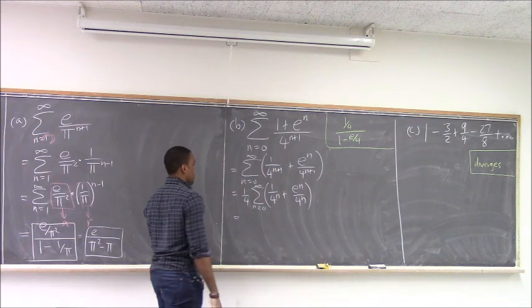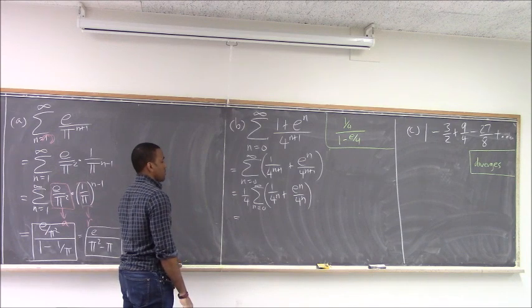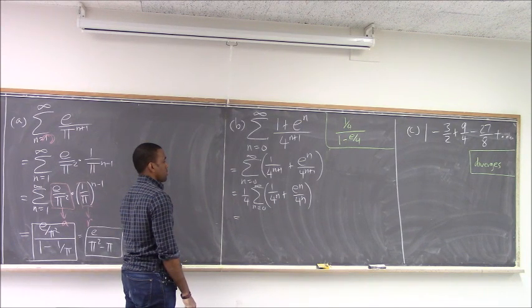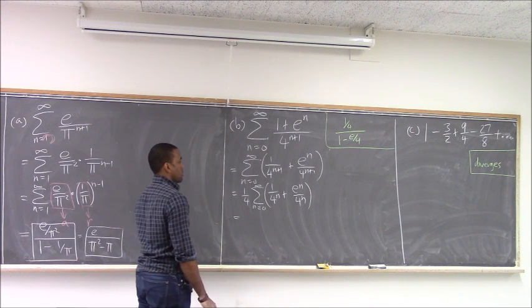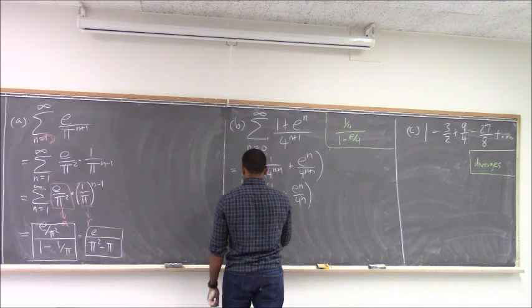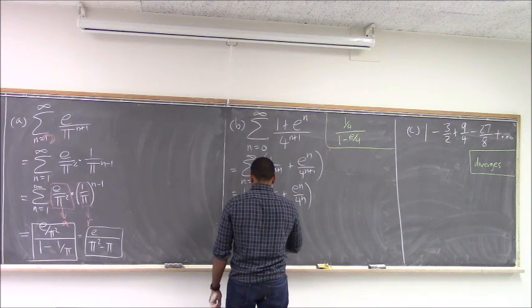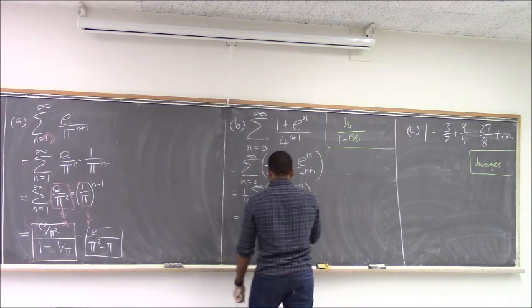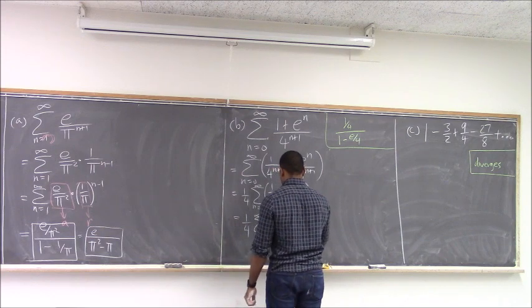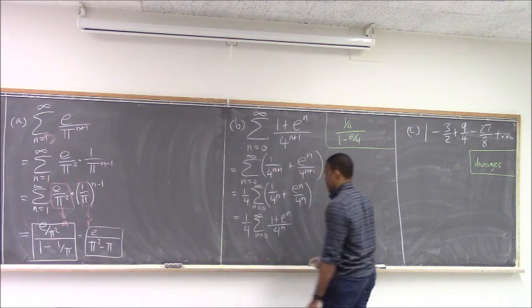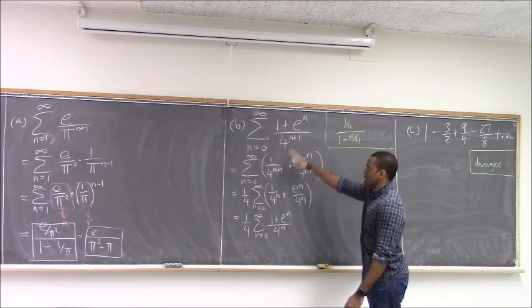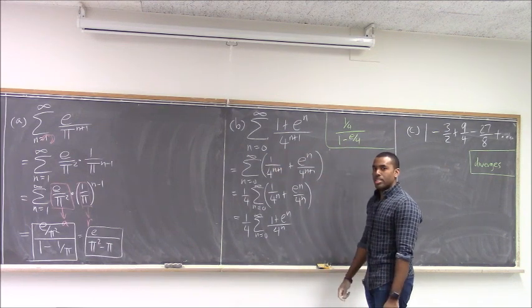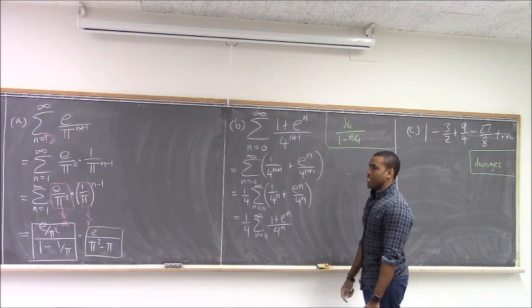Then I kind of recombined the two, so you have 1 plus e to the n over 4 to the n, and then treated that as my quote-unquote r. Not quite sure if that's correct. Why couldn't you just factor out a 4 from here and then immediately go here? I was just doing steps.